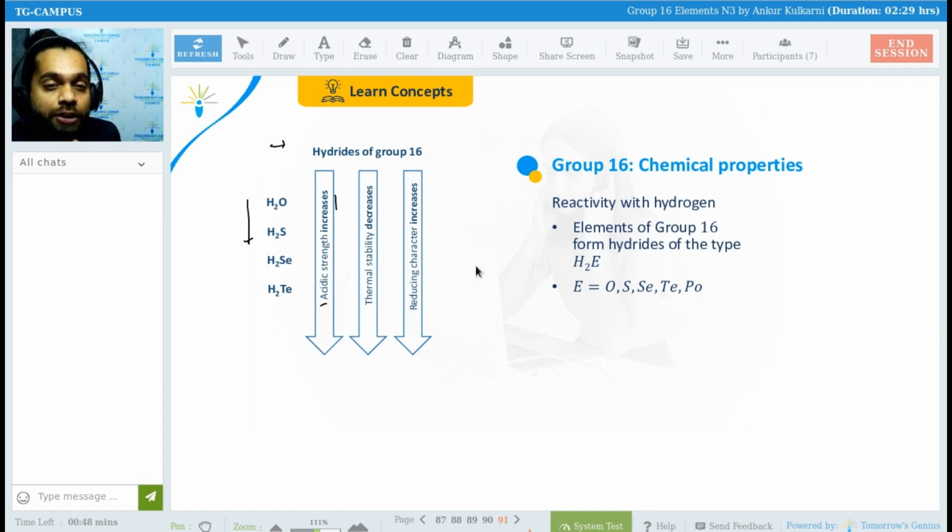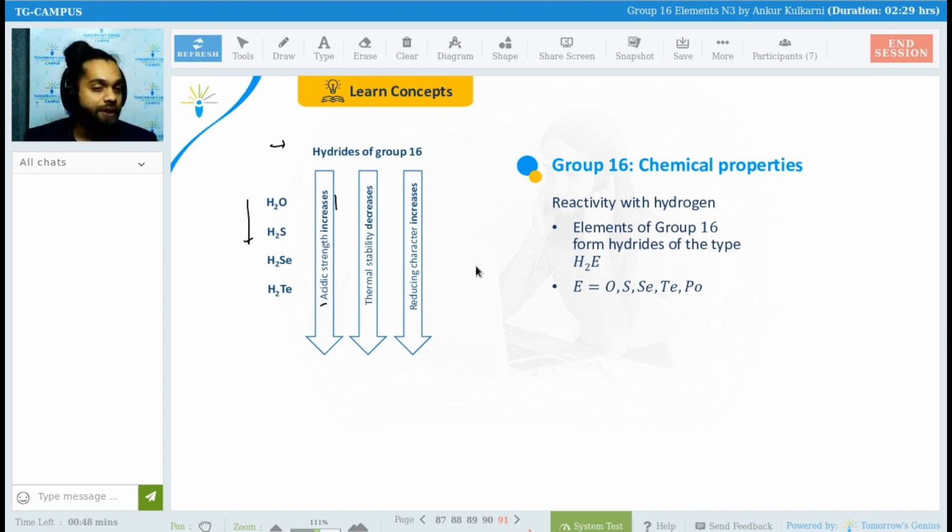Yes. So as you go down the group, what is happening? Sasidharan. The ability to lose H plus ions increases. Exactly, but why? Why, if you go down the group, is the ability to lose H plus increasing?